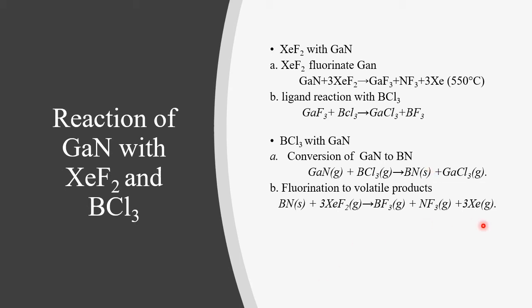Hence, it is concluded that boron trichloride and xenon difluoride are both required to etch gallium nitride. Xenon difluoride alone cannot etch gallium nitride.